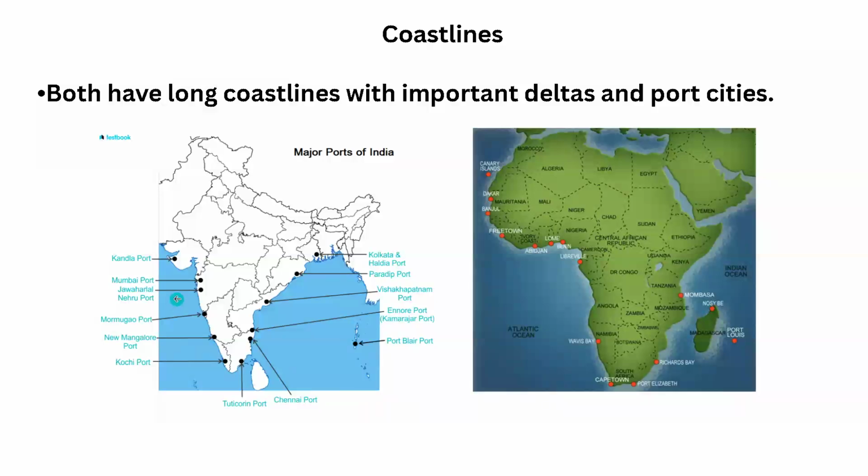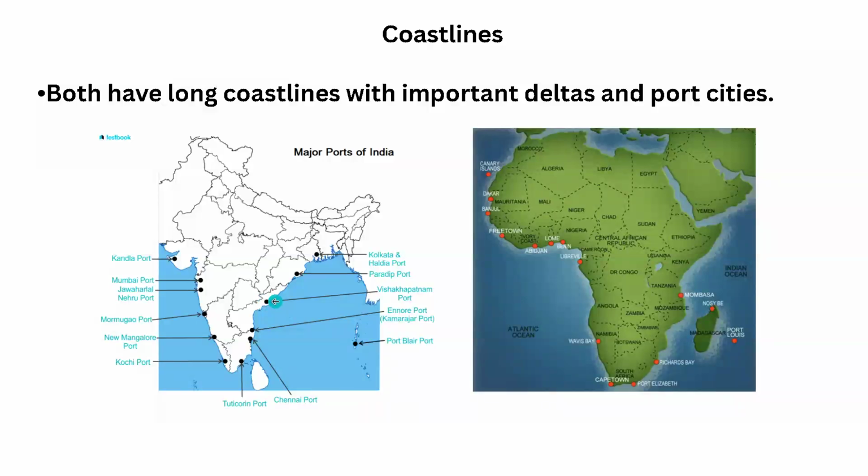And what are the port cities in India? Kandla Port, Mumbai Port, Jawaharlal Nehru Port, Mormugao Port, New Mangalore Port, Kochi Port, Tuticorin Port, Chennai Port, Ennore Port, then Port Blair, the capital of Andaman and Nicobar Islands.